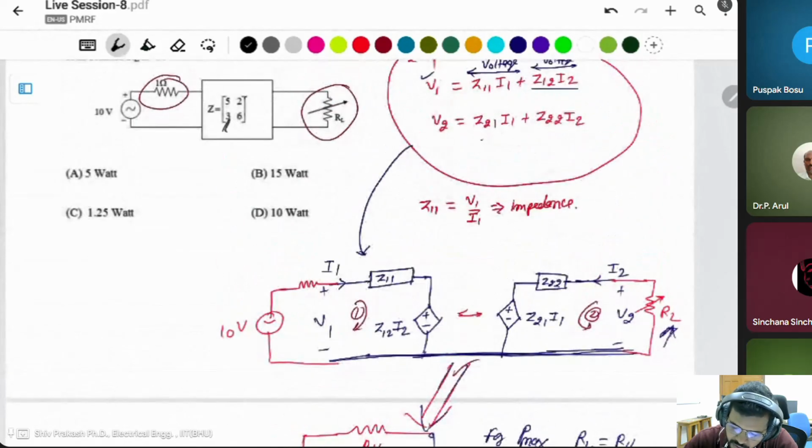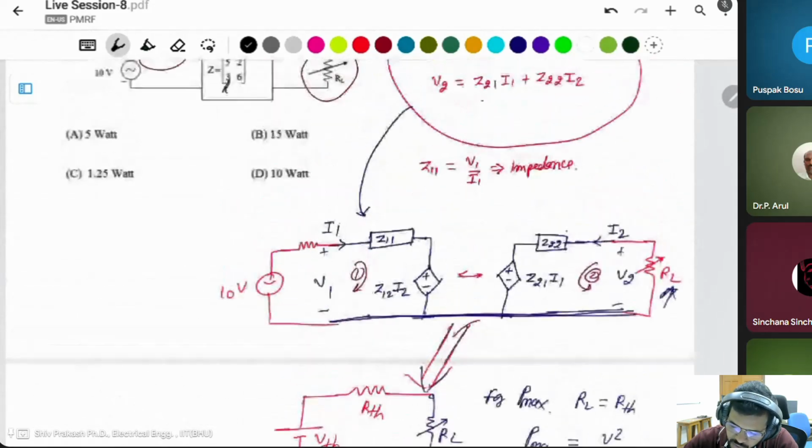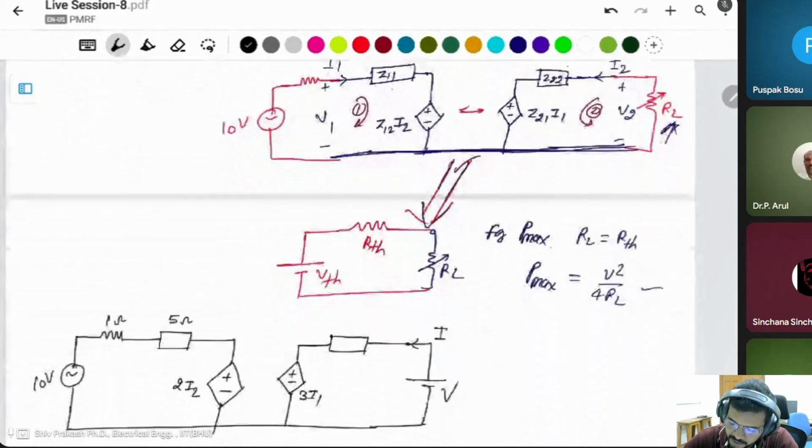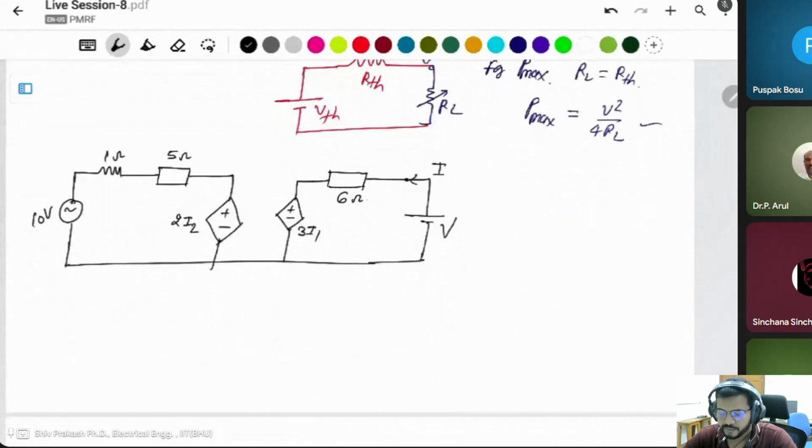Z21 is 3 in this question, it means this is the 3 I1, and Z22 in the question is given as 6. Okay.